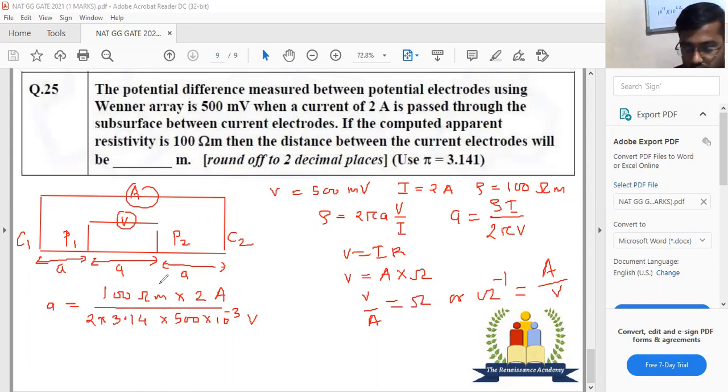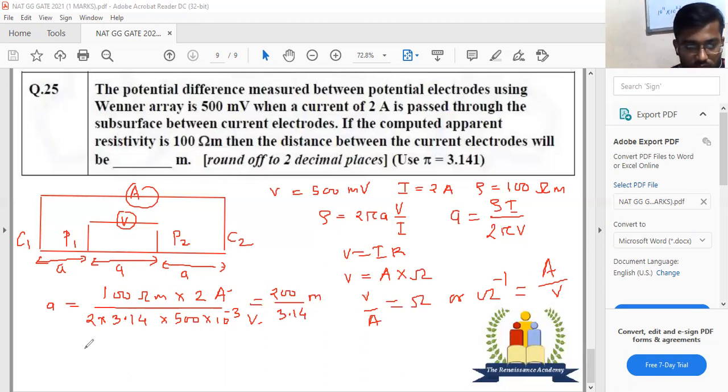You are only left with meter. If you solve this, you will get 200 upon 3.14.